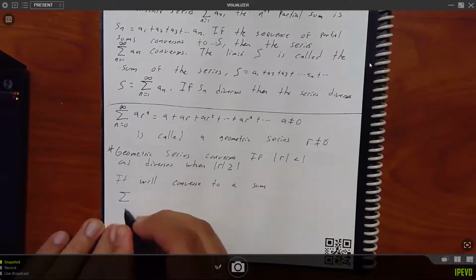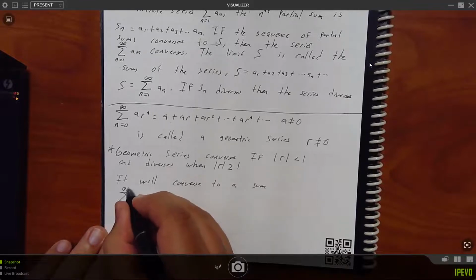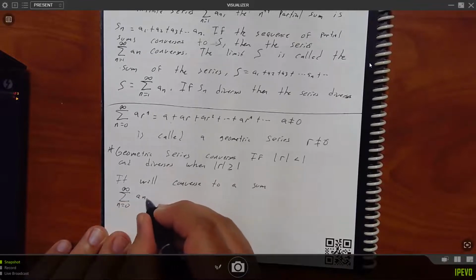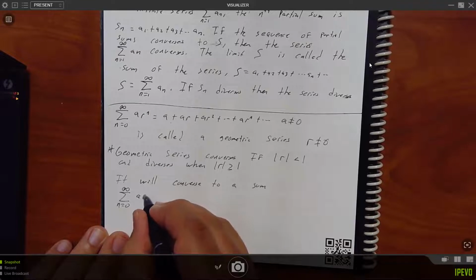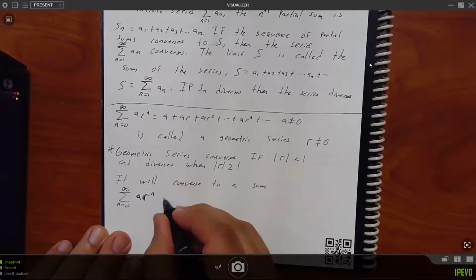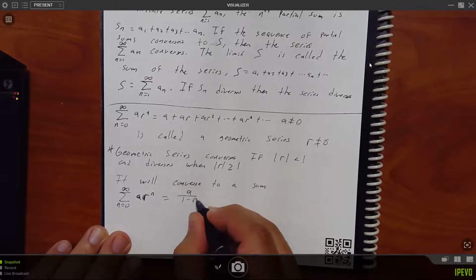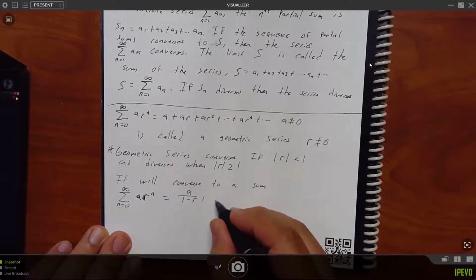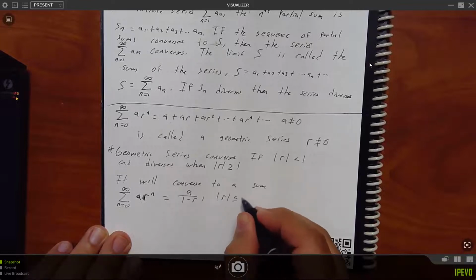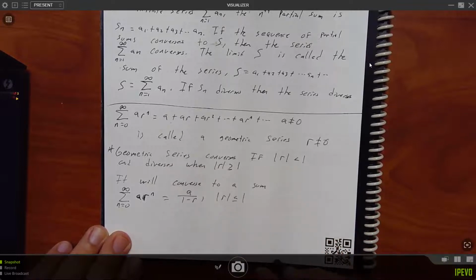Should we just go ahead and write the whole thing here? The geometric series looks like this. The sum would be a over 1 minus r, where the absolute value of r must be less than 1.